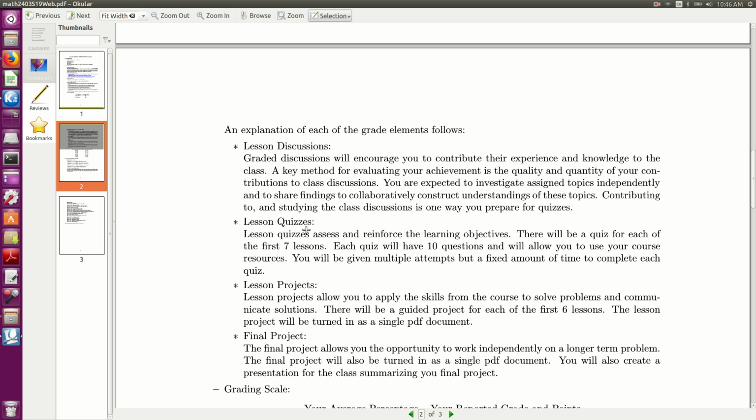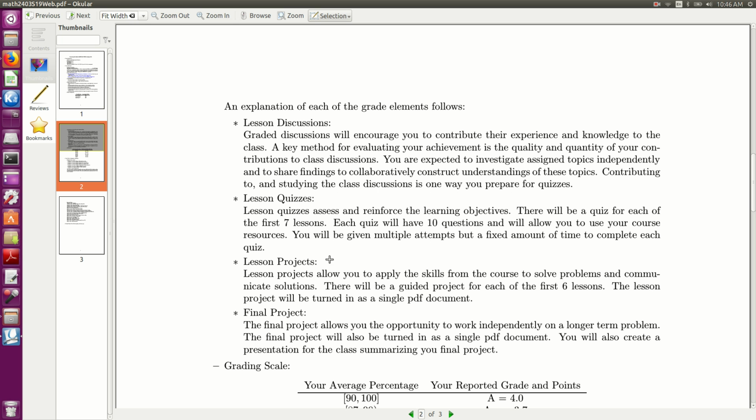So here's a little explanation about these items. The lesson quizzes, again, there are 7 of them for the first 7 lessons. Each quiz will tend to have 10 questions. It'll be based on the projects and your discussion prompts, and also homework from the textbook.